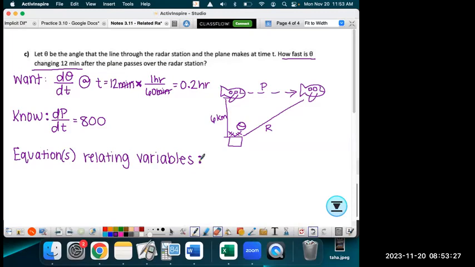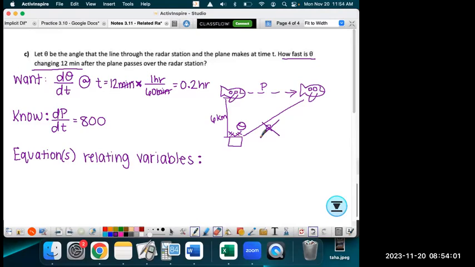Now we have P that we know the rate for. We want to know the rate for theta. I don't need to have R in my equation at all. In fact, if I involve R, then I have two different rates that I don't know. So I'm going to try to write a trig equation that doesn't involve R at all. That way I can limit the number of variables that I don't know the rates for. So try to write a trig equation that involves 6 and P and theta.